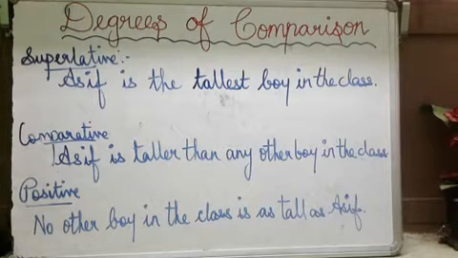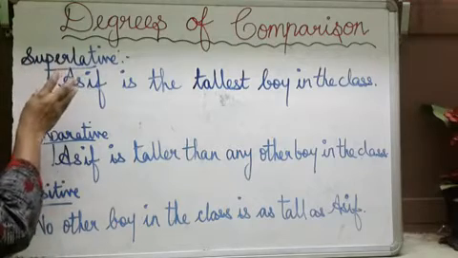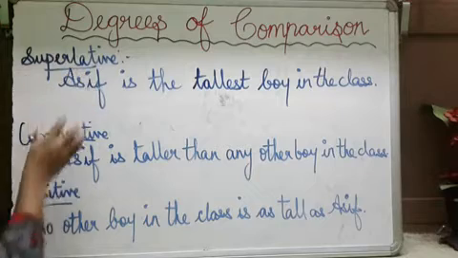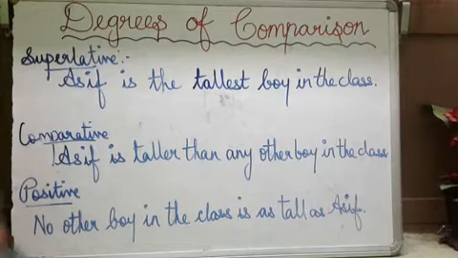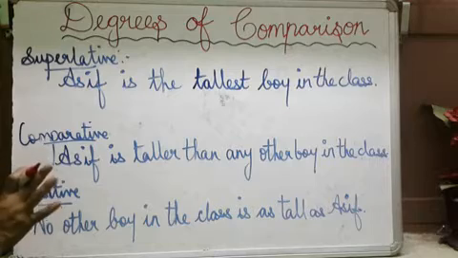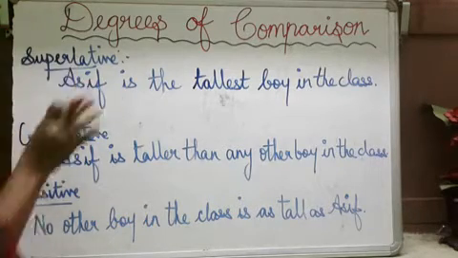Now we are going to learn what changes we make when we change any sentence into comparative degree. See now, Asif is the tallest boy in the class. So you can see here, of all the boys in his class, only Asif is the tallest boy.